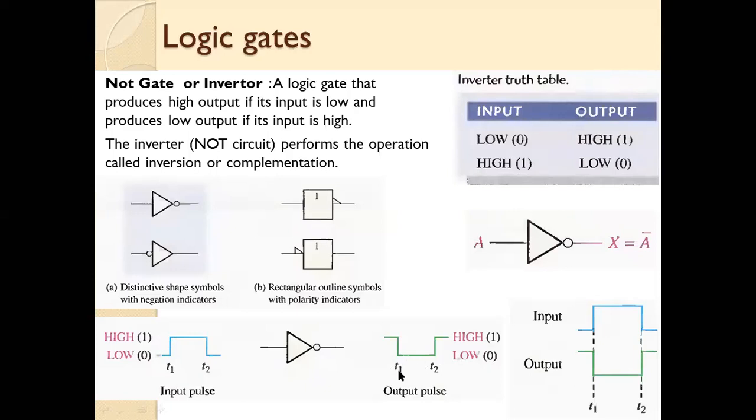That is, at t1, you would be coming from upper to lower side, and at t2, you would be going from 0 to 1, that is low to high. So this wave shape is opposite to this wave shape. If I combine these two shapes, this is the input, this is the output. You can see the output is the opposite of the input. Opposite means complement of the input. So I hope the NOT gate is clear.